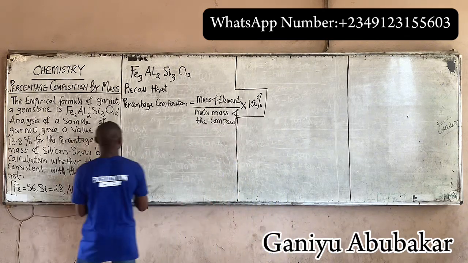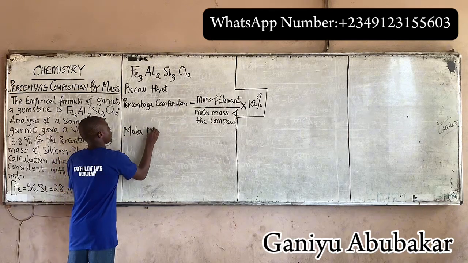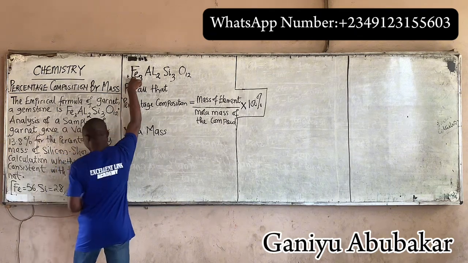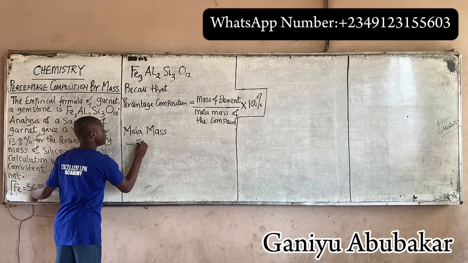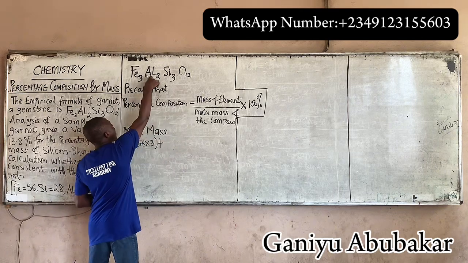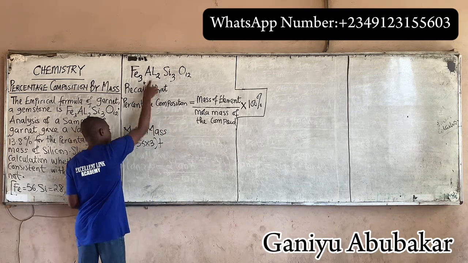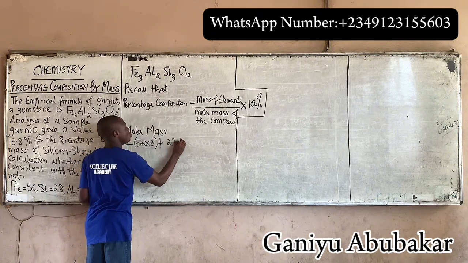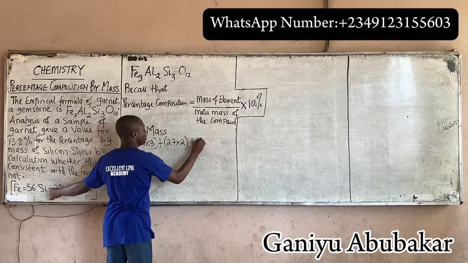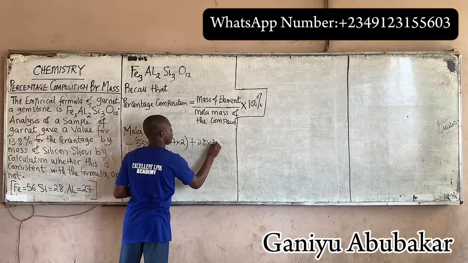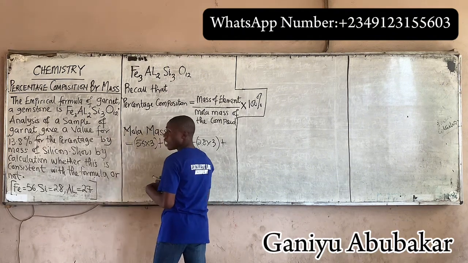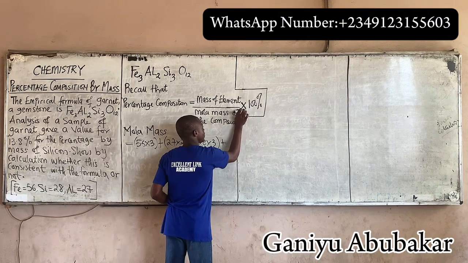So for the molar mass of the compound, I have Fe3Al2Si3O12. What's Fe? Fe is 56, so that becomes 56 times 3 moles of Fe, plus aluminum, Al, which is 27 times 2, plus silicon, that's 28 times 3, plus oxygen.